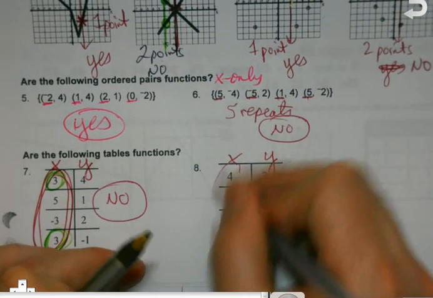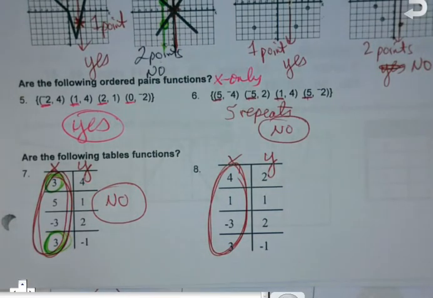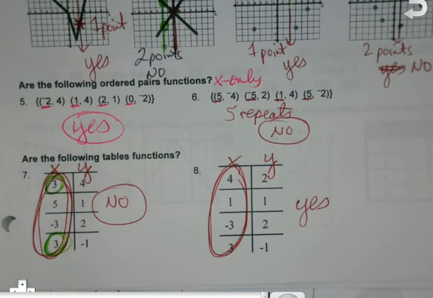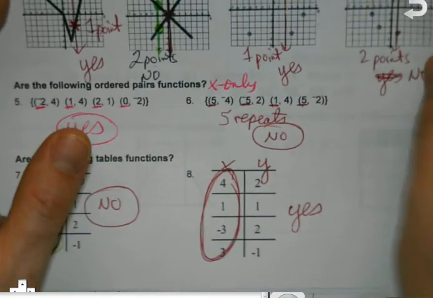But if I look at all the x's and I don't see anything that repeats, it is a function because none of my x's are the same. They're all different. The y's, again, do not matter. I know the y's kind of feel bad about that, but that's life. So you're seeing here, not a lot of work. It's just understanding a couple of basic concepts that we're looking for.